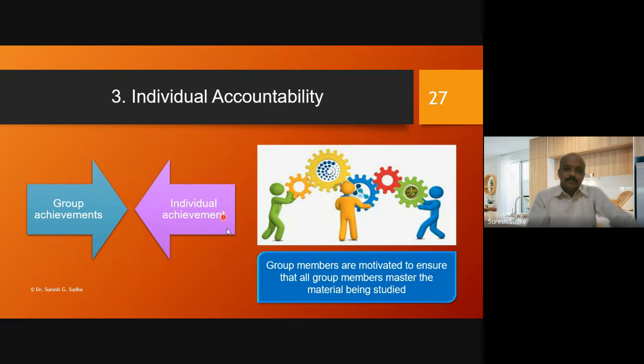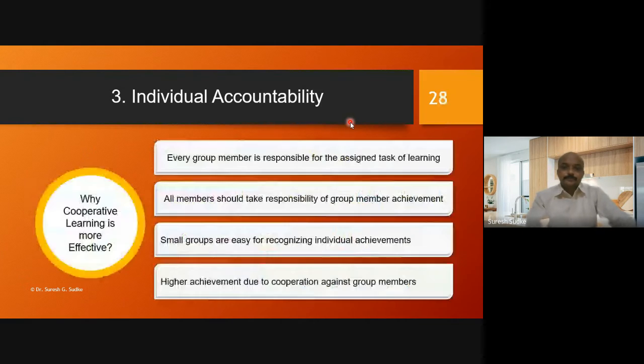Whatever material is provided to a particular individual, that individual should become a master in it. If every individual becomes a master, that team will become a master team, and that's why we can say that the objective of cooperative learning is achieved.